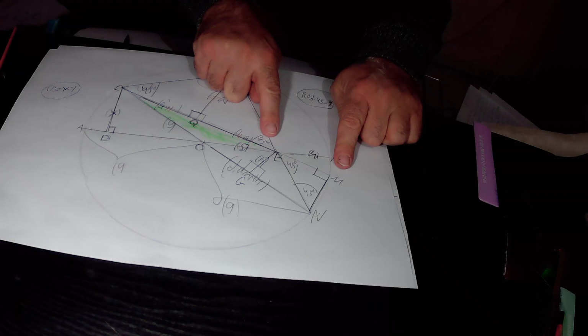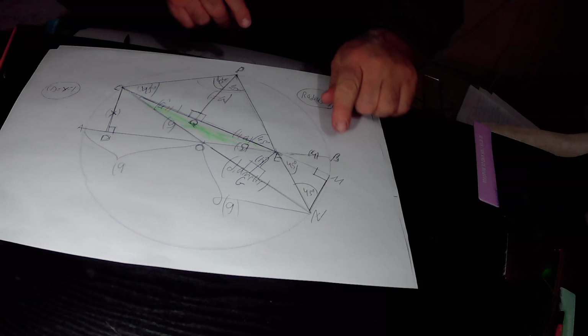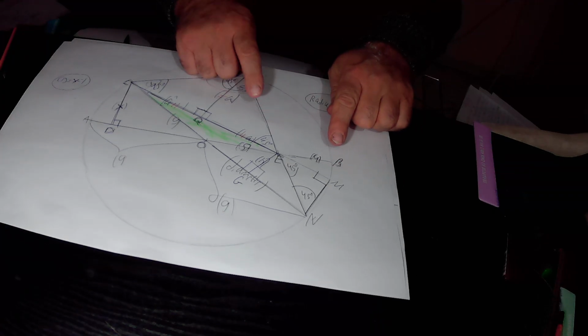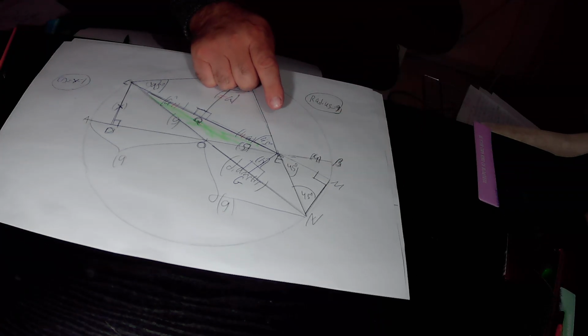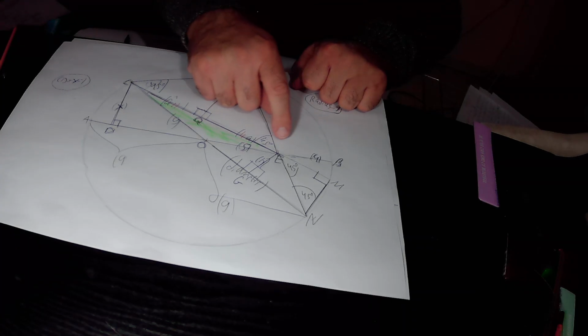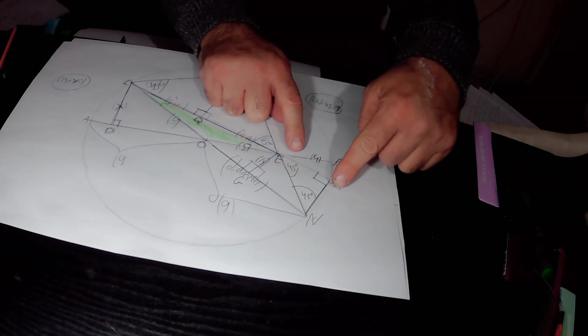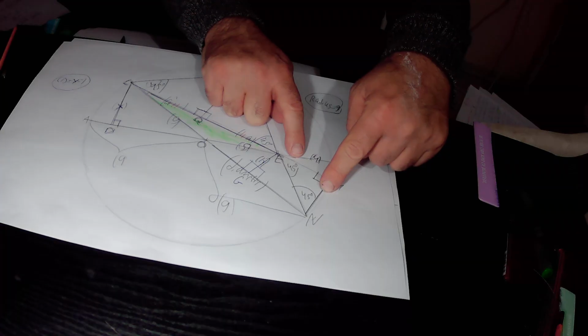What is the value of EM? Here we have the rule that says that in front of equal angles in a triangle are equal sides. So in this right triangle EMN, in front of those two equal angles, you have two sides that must also equal each other in length.